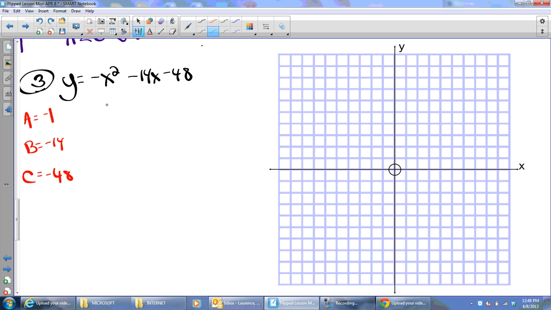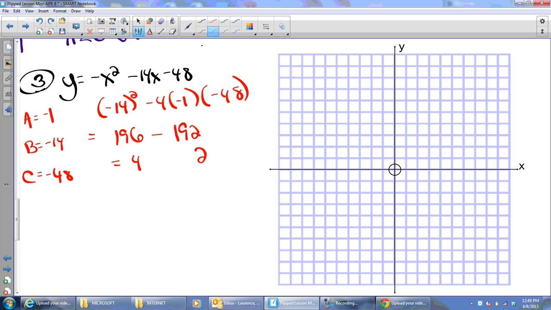Okay, so I'm going to do b squared minus 4ac. 14 squared is 196, minus, there's three negatives, it's all multiplication, 192, I believe. Better check that really quick. No, that should be right. If I do 48 times 4, yeah. And so I'm going to get a positive 4.